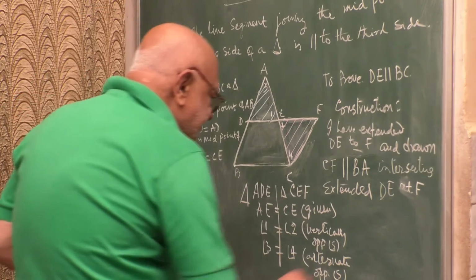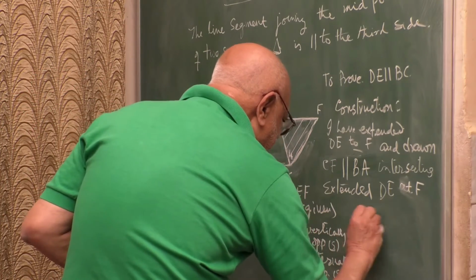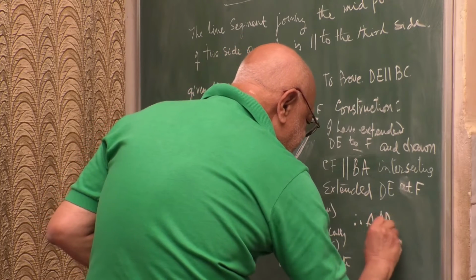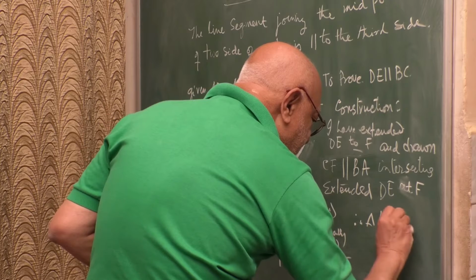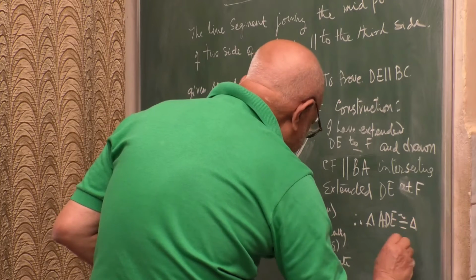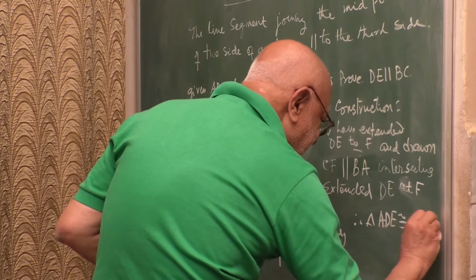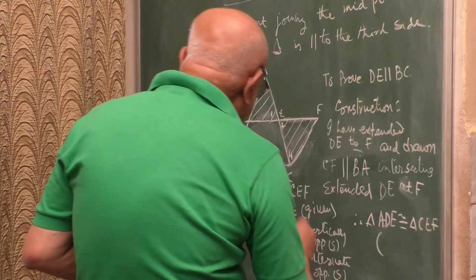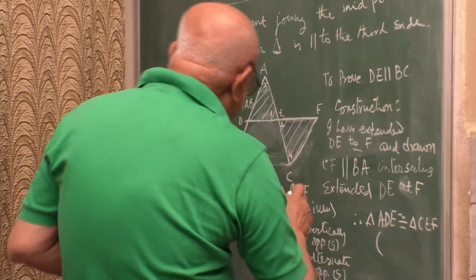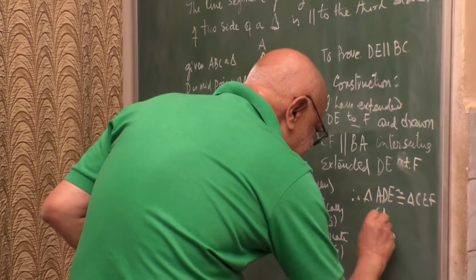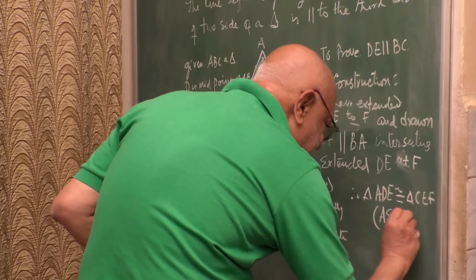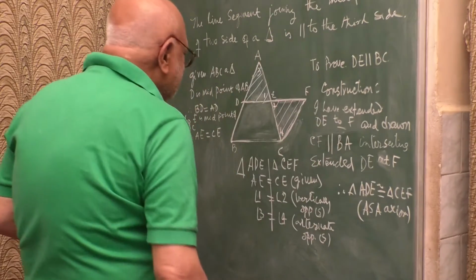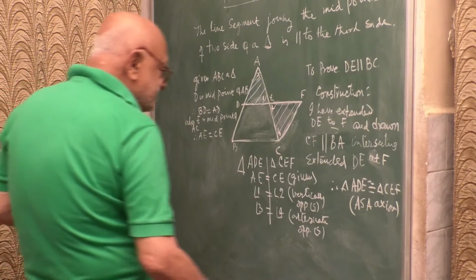So therefore triangle ADE is congruent to triangle CEF by the angle side angle axiom. So what do I get out of this?